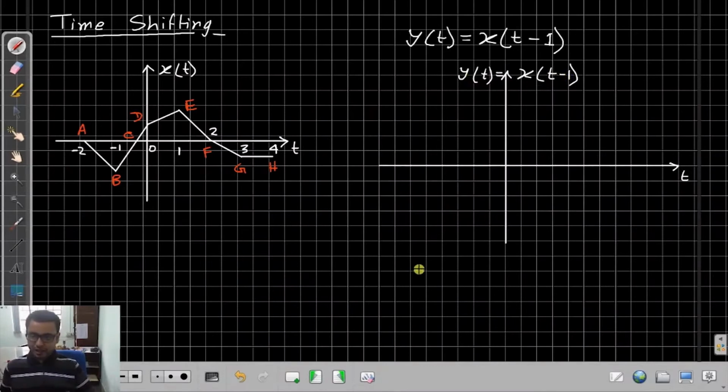Okay, so let us ask what will be the value of y at t equal to 0.